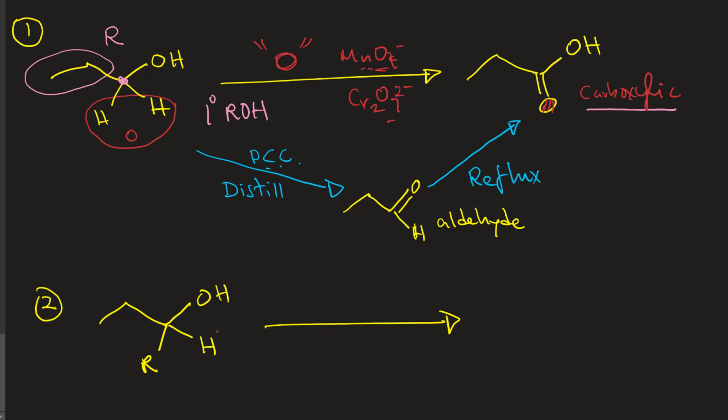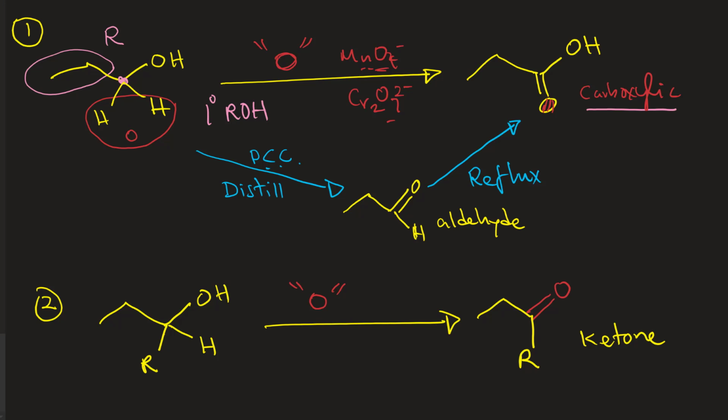Okay. Now the second one: you have an alcohol and by oxidation it will create a ketone. Look at this ketone: double bond O, and two R groups attached, right?